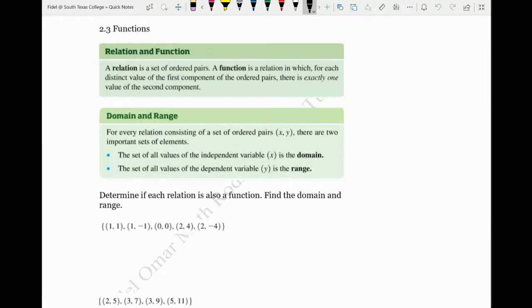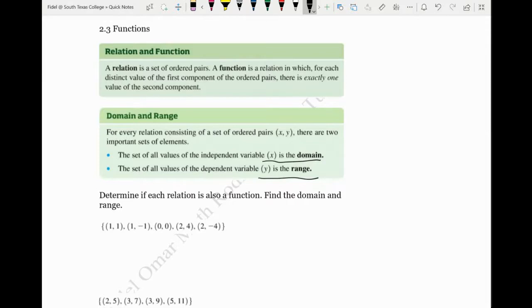So any kind of pairs of points, okay? And then a function is a special type of relation for which each distinct value of the first component, which are what we call the x values, there's going to be exactly one y value, okay? And then the domain refers to the x values, and the range refers to the y values.